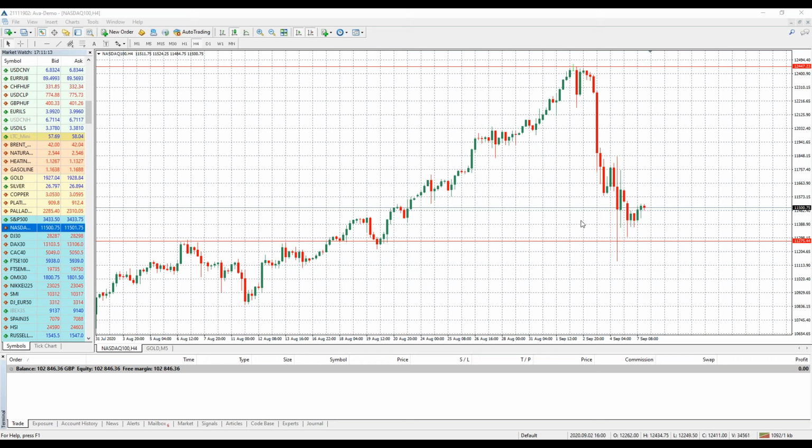Okay, so what we're looking at here is if you put a stop loss below this wick right here, you're below 2 support levels. Okay, so we're looking at a support level here and another support level here, which is right where this wick bounced up from when it did that test.